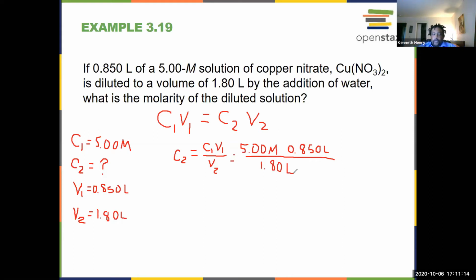How many sig figs are we looking for? 3. Sig figs are important, right? We want to make sure we have it right. Six. And our units, molar. Piece of cake.